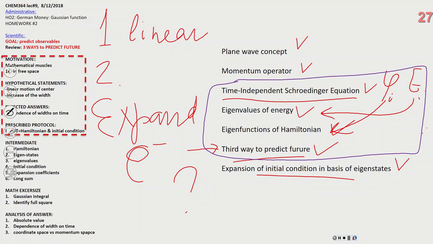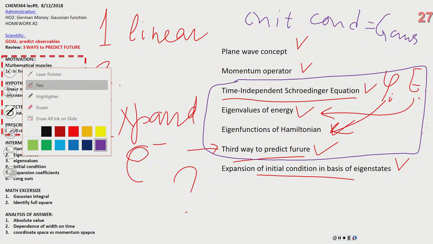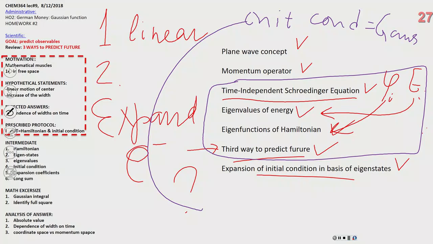And in order to practice this, we need to throw in the initial condition, which is our free rules design. Initial condition, which will be Gaussian. And as a last step, you will need to make a convolution between eigenstates of the Hamiltonian and the initial condition.